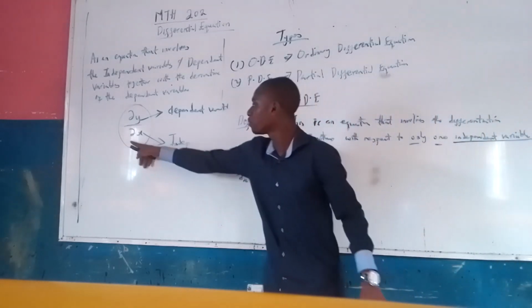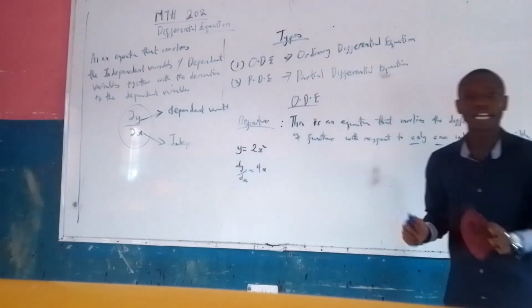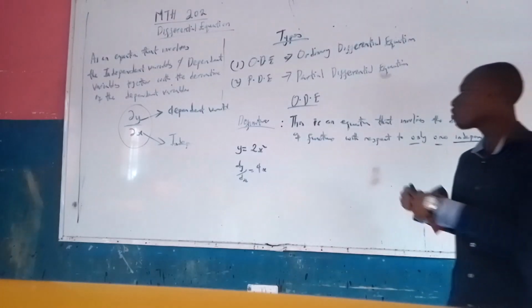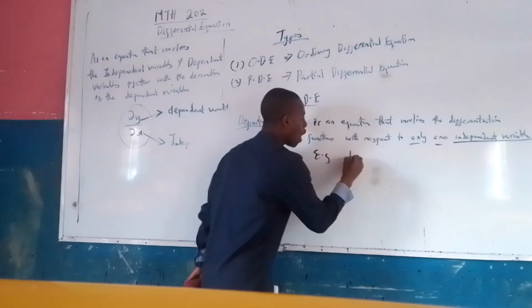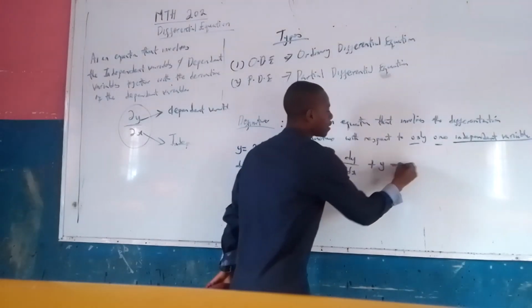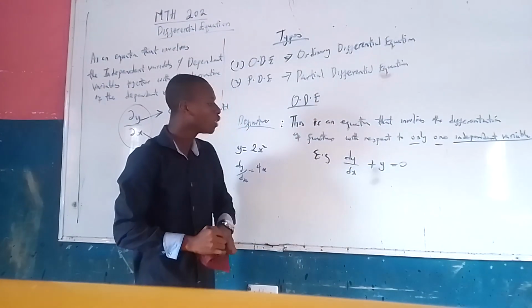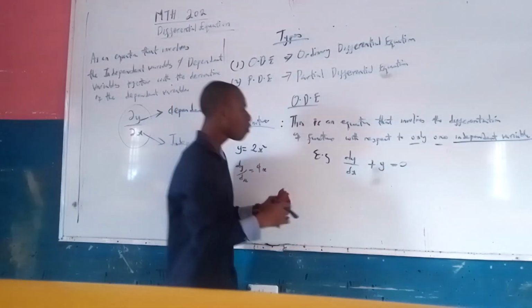And what is your independent variable? It is your x. An example of an ODE is, if I say dy/dx plus y is equal to 0, this is an ODE. Can you see the way my d is? It is a normal d.